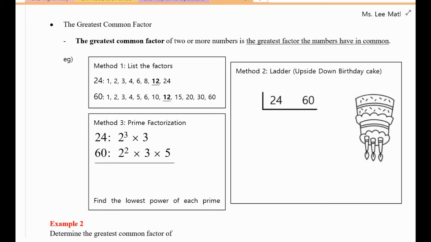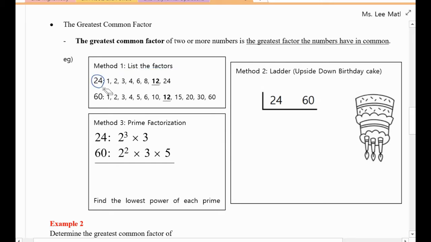The greatest common factor of 2 or more numbers is the greatest factor the numbers have in common. So for example, when you have 24 and 60, to find the greatest common factor, you can use 3 different methods. First method, you can just list the factors.